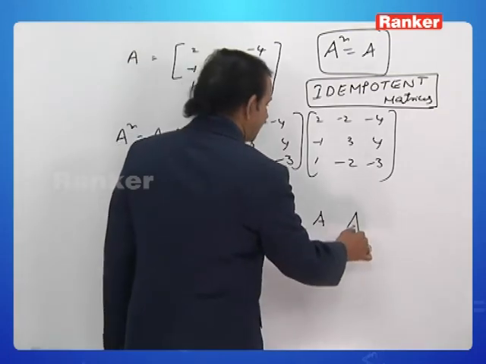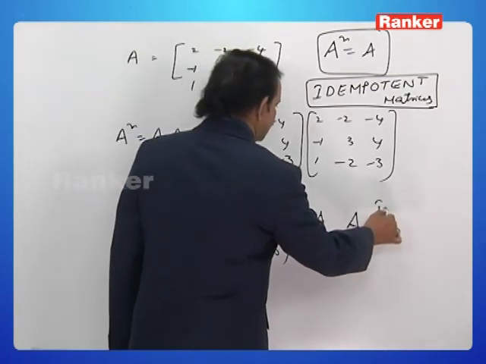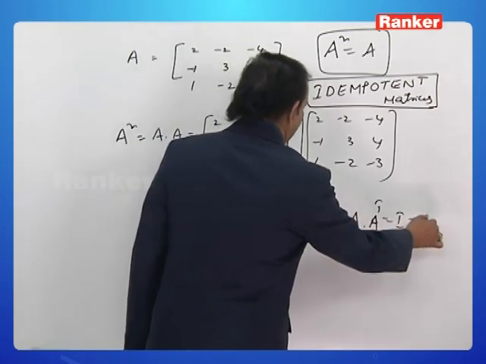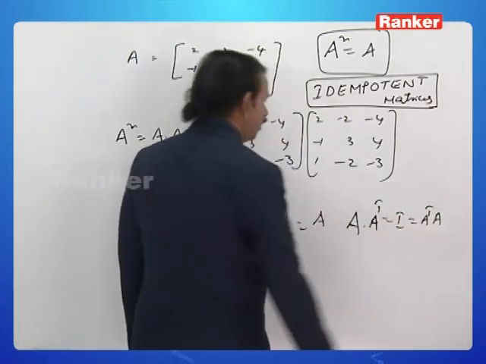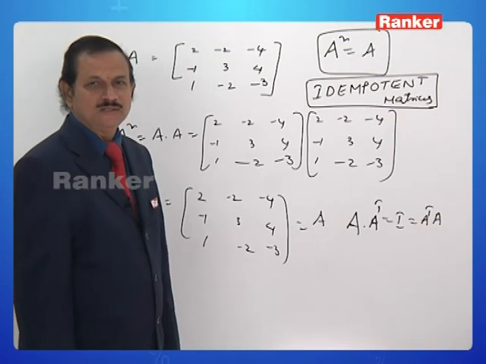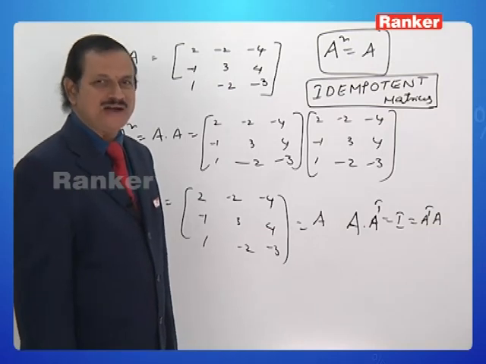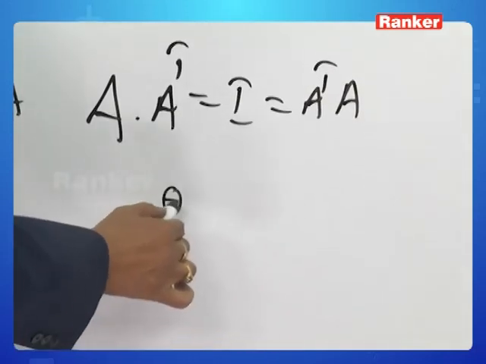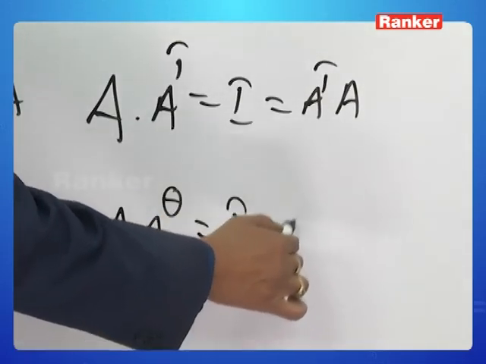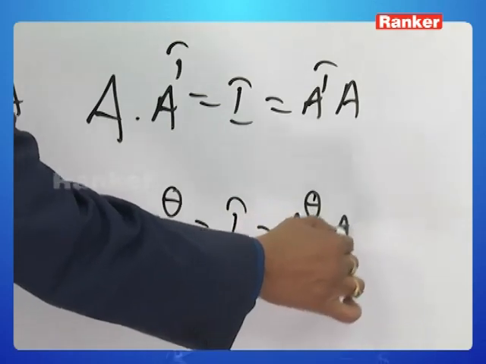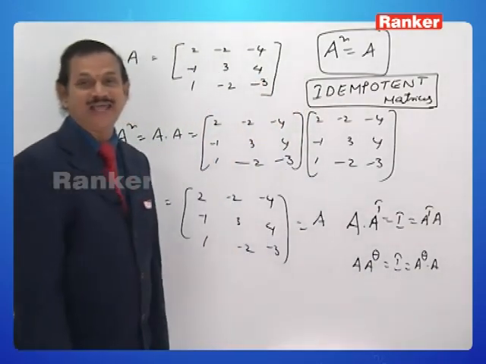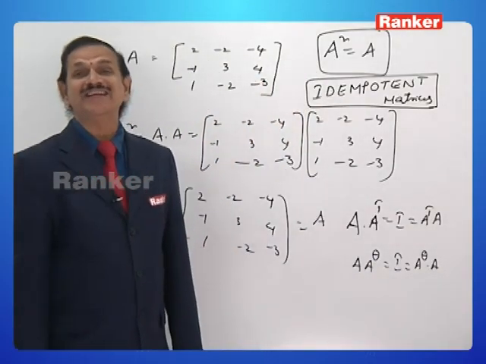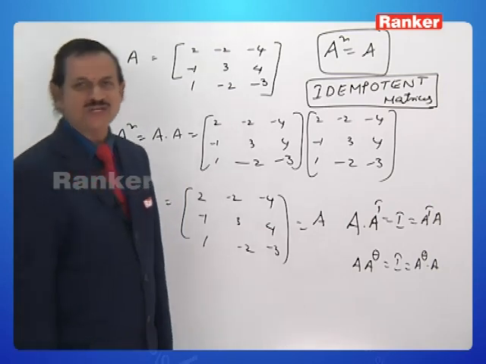If A into A transpose is equal to I is equal to A transpose into A, what is A called? Orthogonal matrix. Similarly, if A into A theta (conjugate transpose) is equal to I is equal to A theta into A, then we call A a unitary matrix. What is that? Unitary matrix.